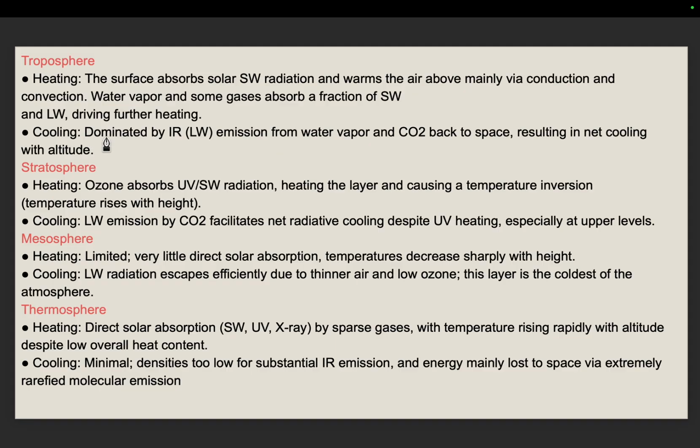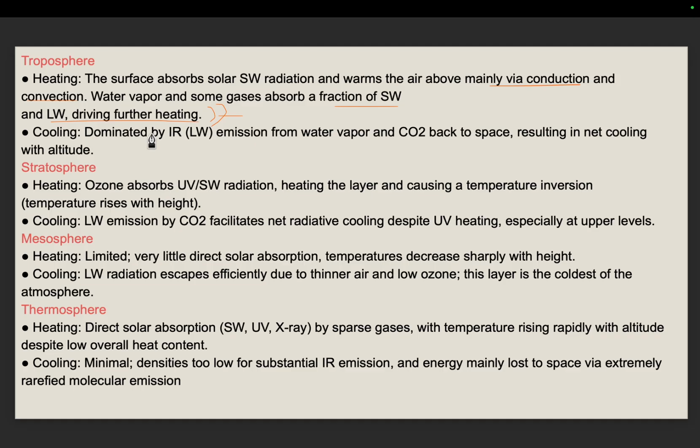Now we can rediscuss the heating and cooling of the different atmospheric layers. In the troposphere, heating is mainly done as the shortwave radiation gets absorbed, along with conduction and convection from the ground. Water vapor and some gases can absorb a small fraction of shortwave and long wave, driving further heating, but this is not a very plausible case.